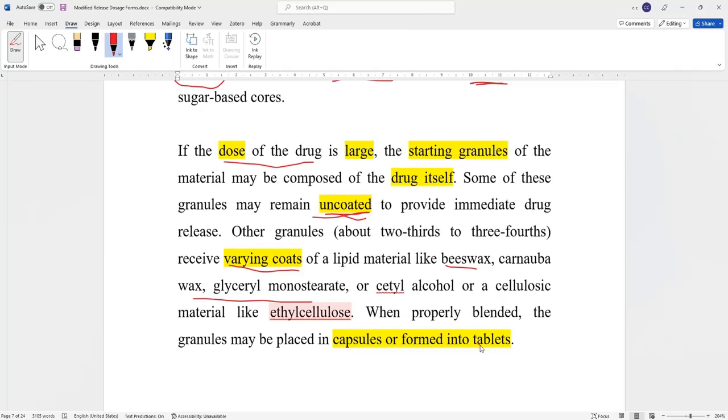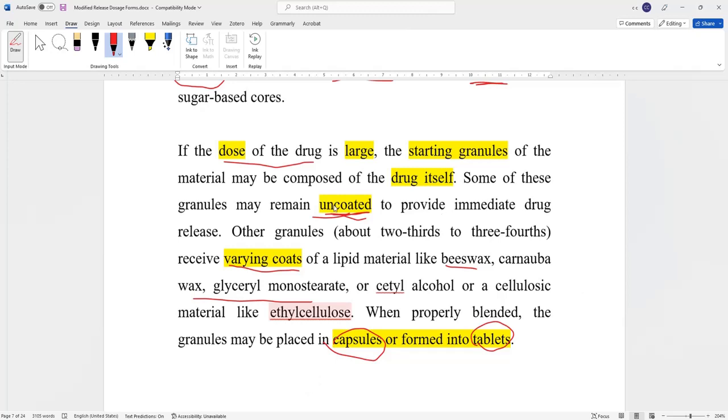So when you make them into tablets, you compress the granules. Which granules? The uncoated ones, with the granules that have been coated with varying degrees of coats. When I put them together, mixing them in a certain proportion for each one, into tablets or into a capsule, what's going to happen?